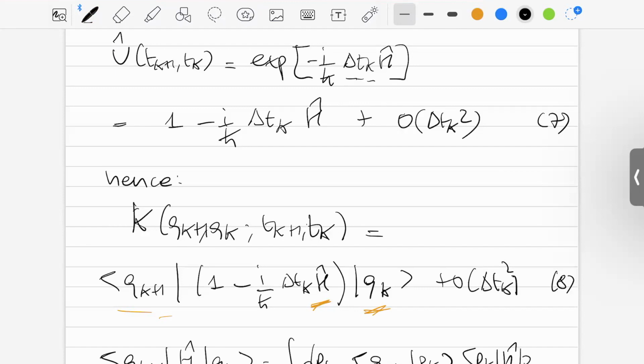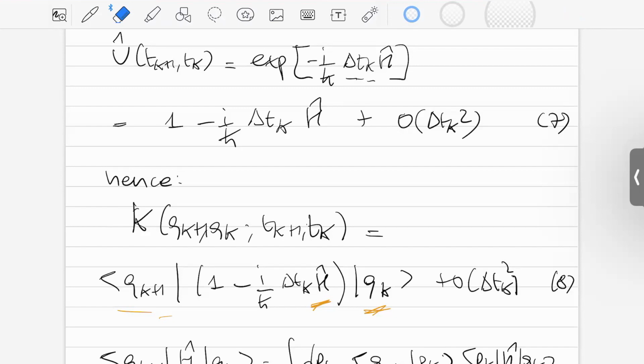And why did I do this? Because now you see that we have something which you know, the scalar product between an eigenstate of the momentum operator, pk here on the right, and an eigenstate of the position operator on the left, qk plus 1.